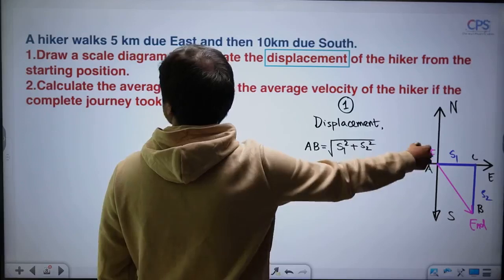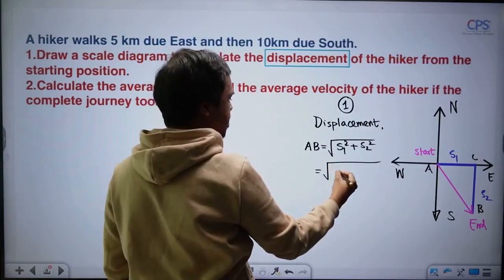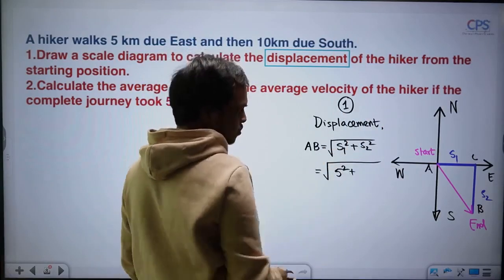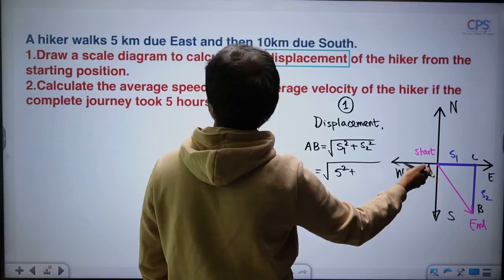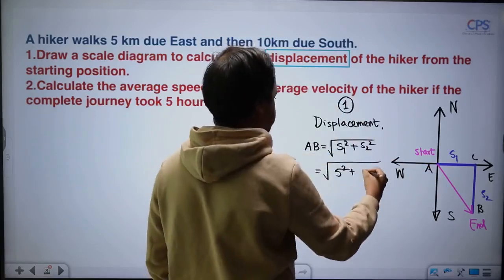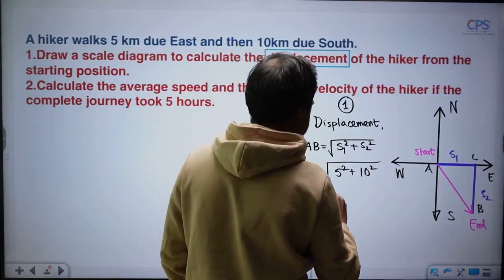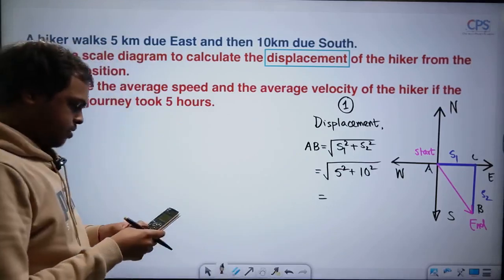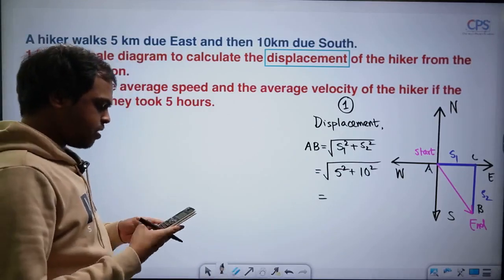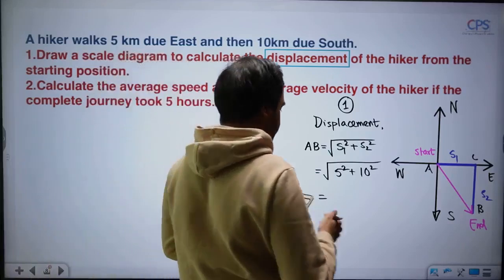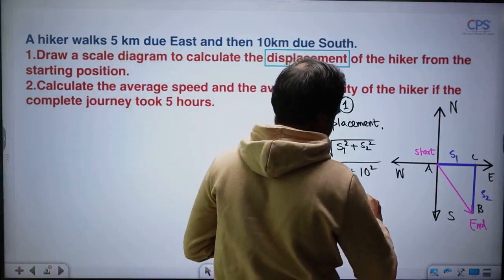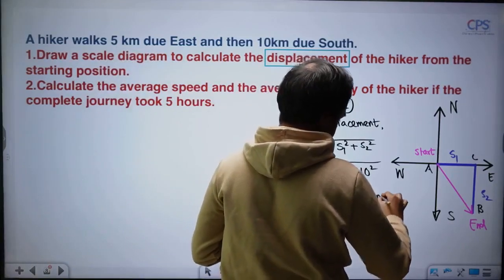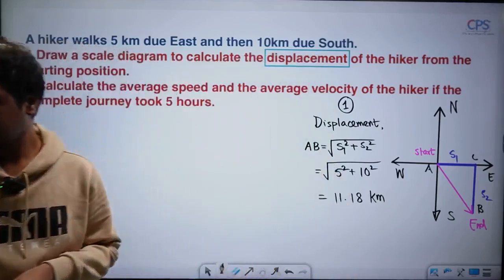S1 is 5 kilometers, 5 squared, and S2 is 10 kilometers. So whatever this brings you, root over 5 squared plus 10 squared, it's 5 root 5 or 11.18 kilometers. That's the answer.